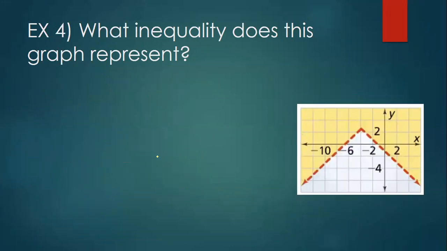So 4, what is the inequality? What inequality does this graph represent? So following our same steps. So step 1, the vertex. The vertex here is -2, 2. Okay, let's see.